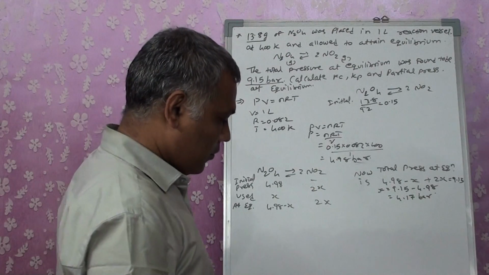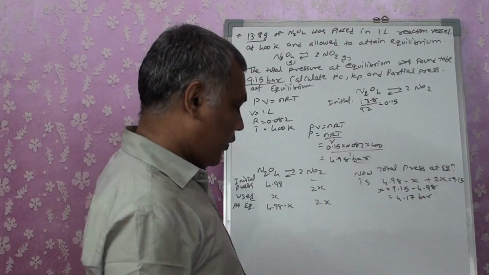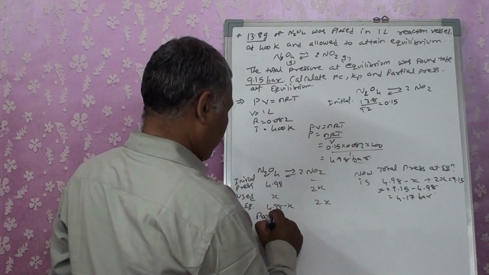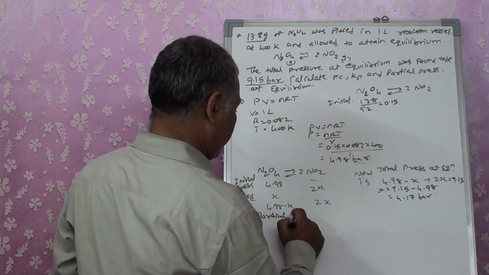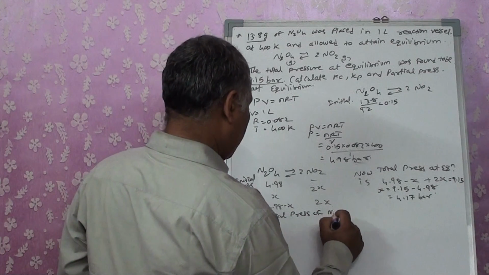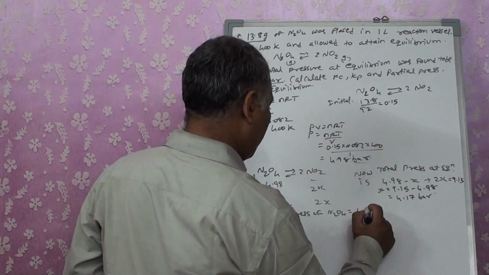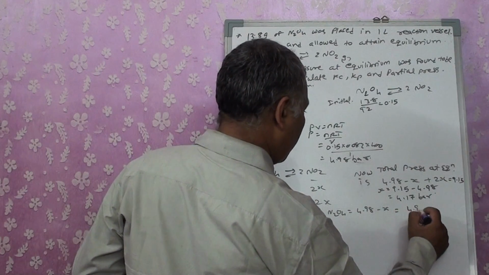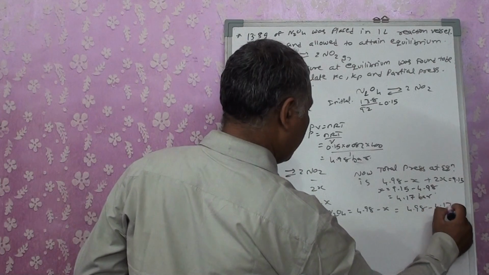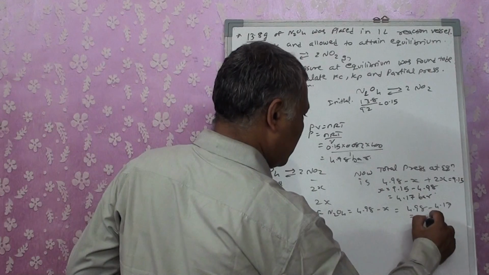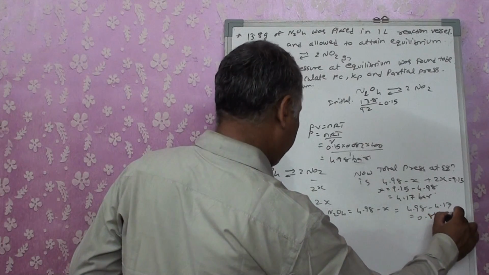Now, once we get the value of x, we can say that the partial pressure of N2O4 is 4.98 minus x, that is 4.98 minus 4.17, which gives 0.81 bar.